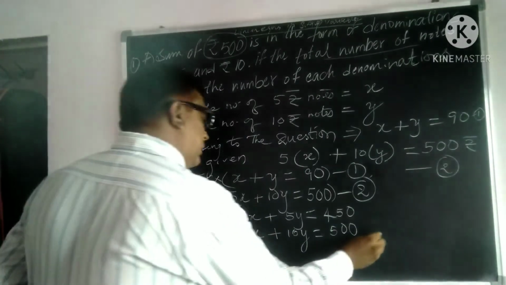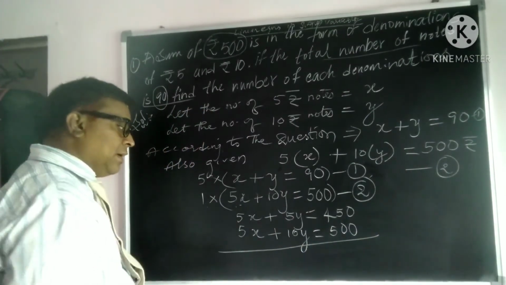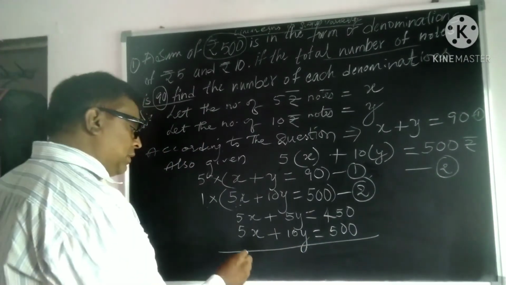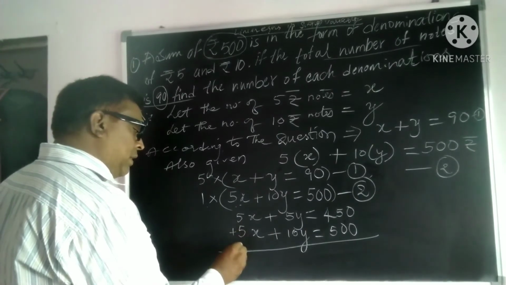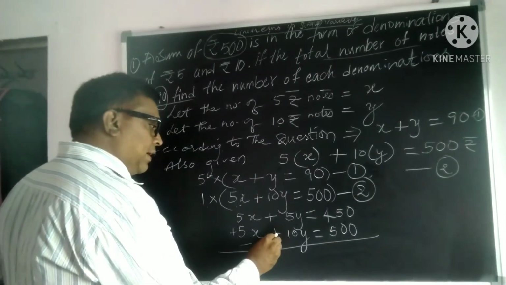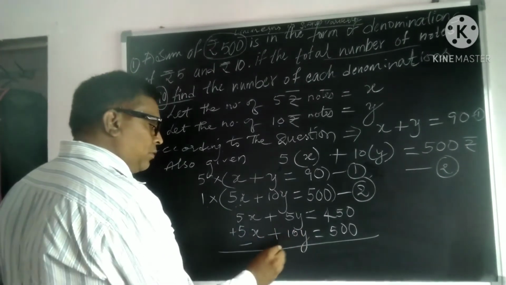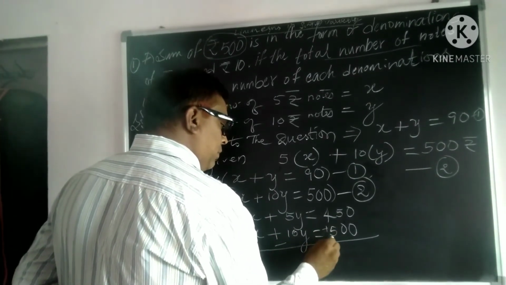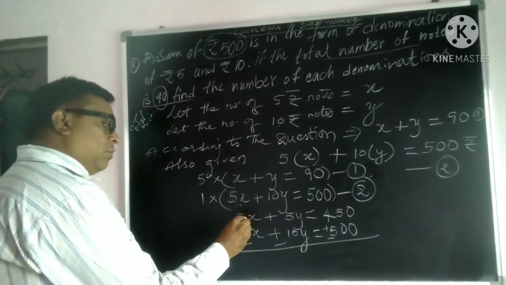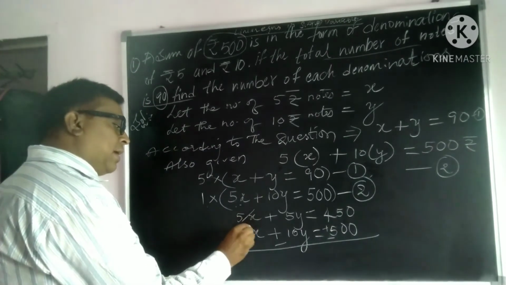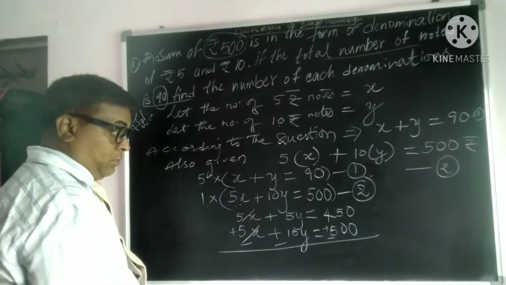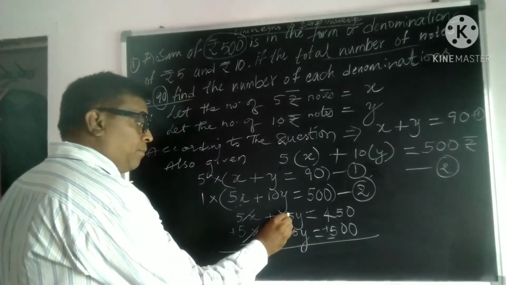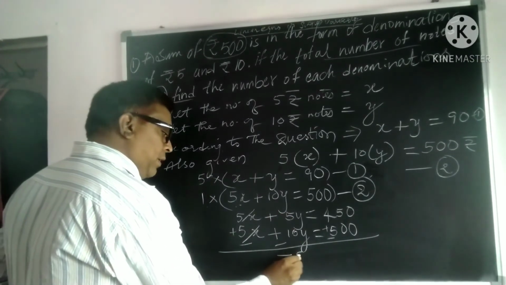To solve the equations, we have to change the signs of the second equation. Plus 5x becomes minus 5x, plus 10y becomes minus 10y, plus 500 becomes minus 500. So plus 5x and minus 5x cancel. Minus 10y plus 5y is minus 5y.